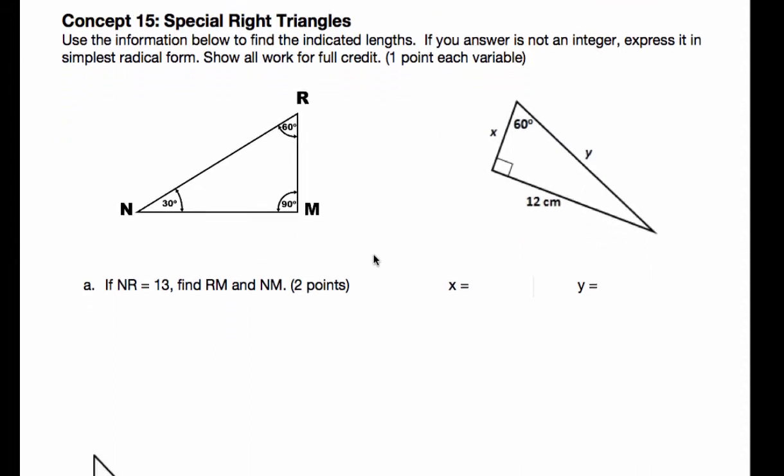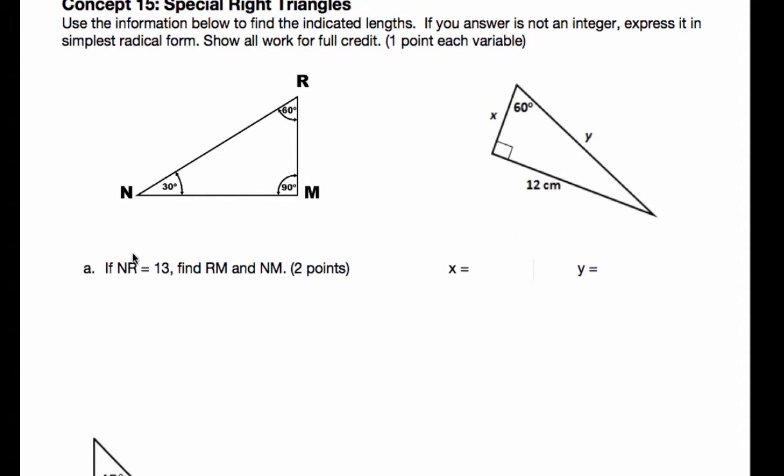Let's look at special right triangles. First one, we need to know NR is 13. Okay, so NR is 13. That means that this is the hypotenuse, and this is the short leg, and this is the long leg. And if you remember, 2 times short equals the hypotenuse, okay?